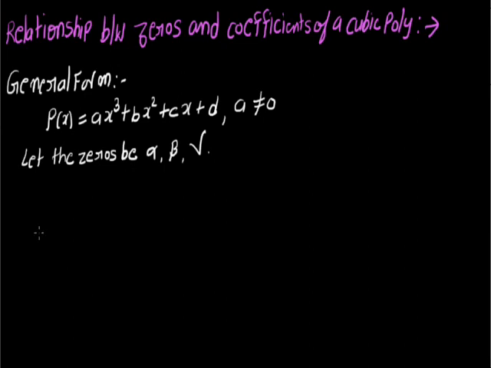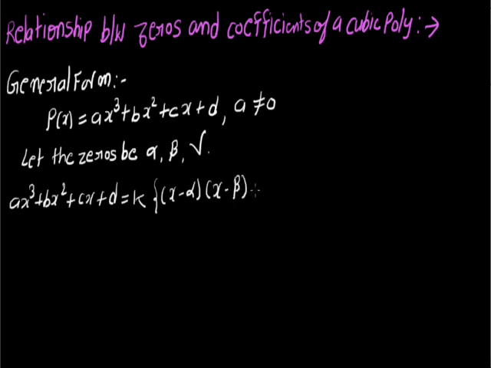Now how can we write this? It can be written as ax cube plus bx square plus cx plus d equals k times x minus alpha multiplied by x minus beta and finally multiplied by x minus gamma.